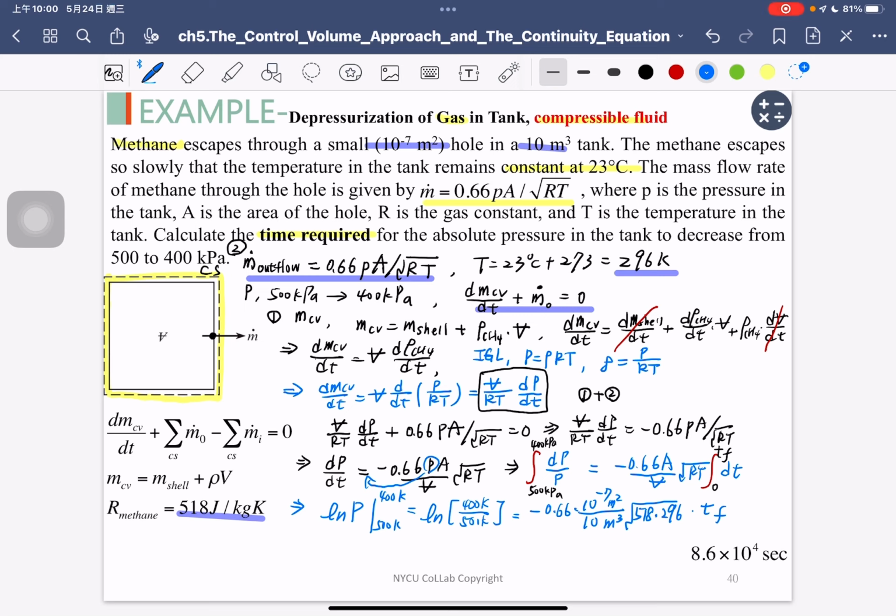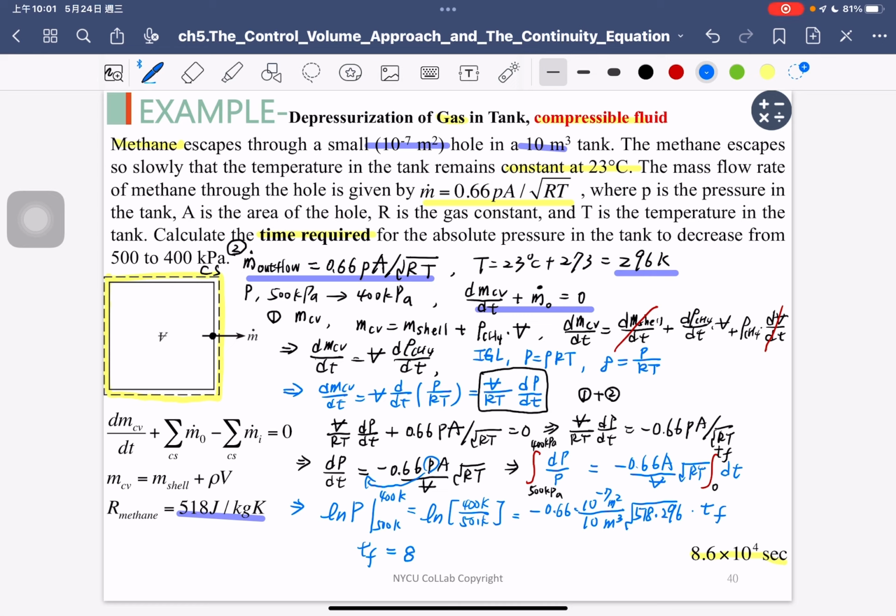Okay, so you can use your calculator to compute how large the t_f is. As we know, the answer on the right hand side is almost equal to 1 day.